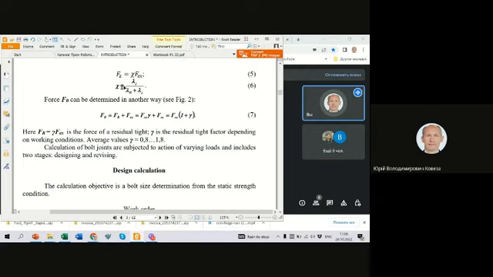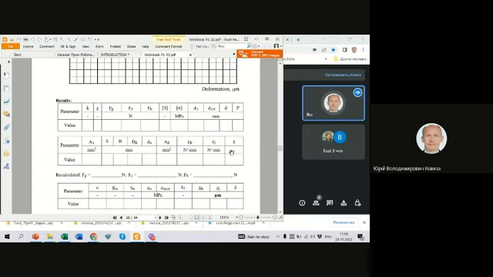And you'll see what chi is in your case. It should be less than 0.4 and greater than 0.1. And the result should be here.